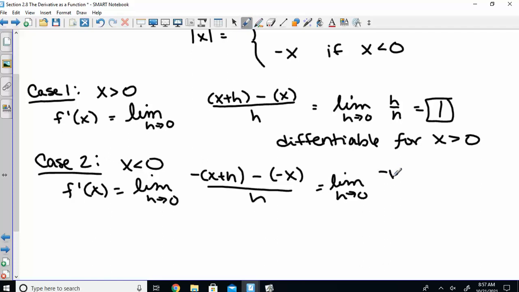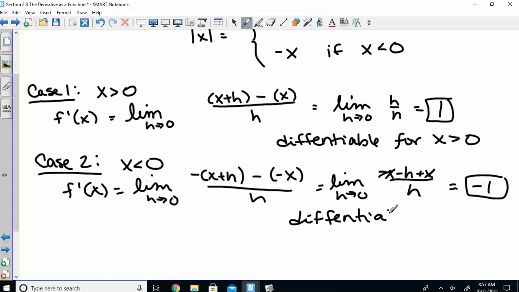So then you get a negative x, a negative h, and a positive x. Positive x and negative x cancel. Negative h divided by h is negative 1. So it's differentiable for x is less than 0.